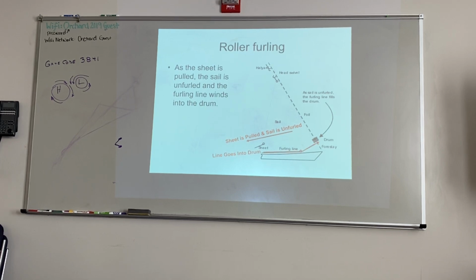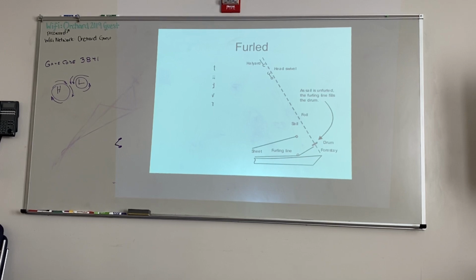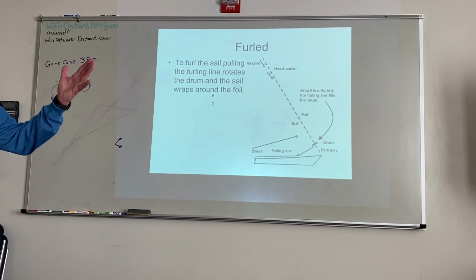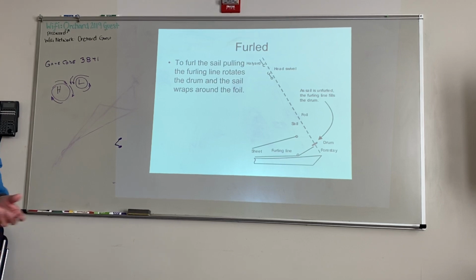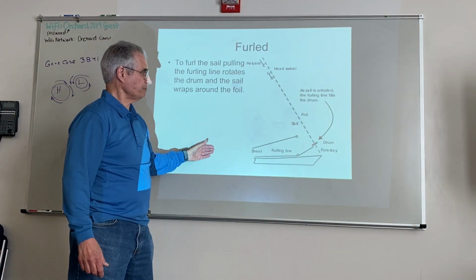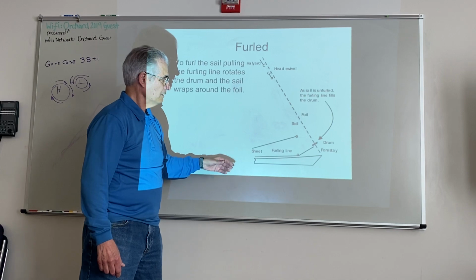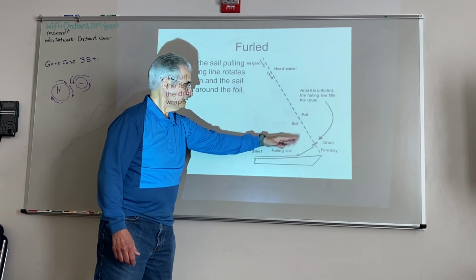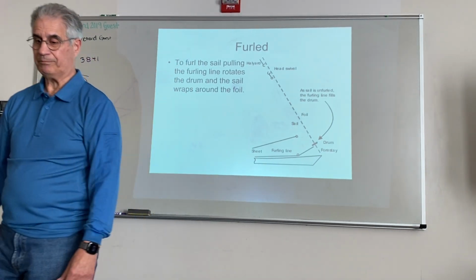To furl the sail and wind it up, you're pulling on the furling line, and it's unwinding from the drum, and you're having more of it back in your cockpit, and the sail is winding up.